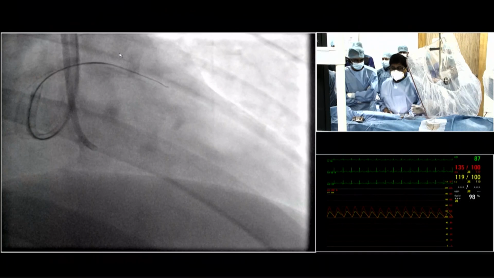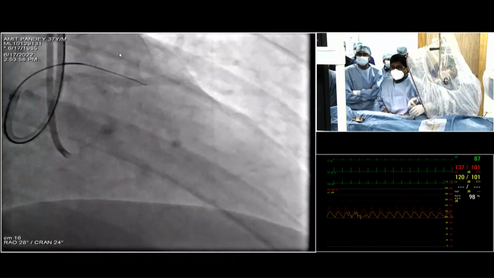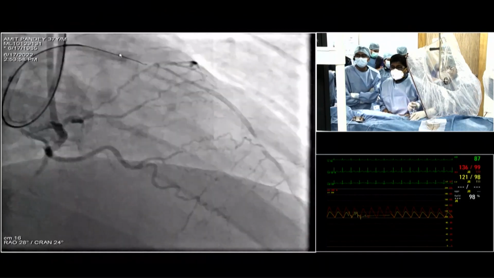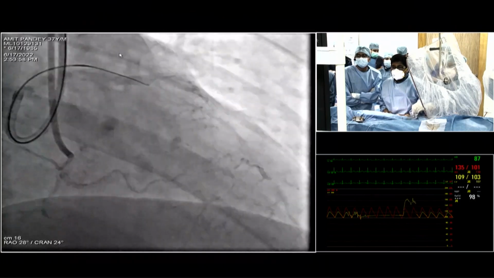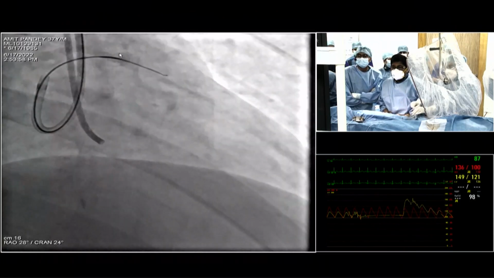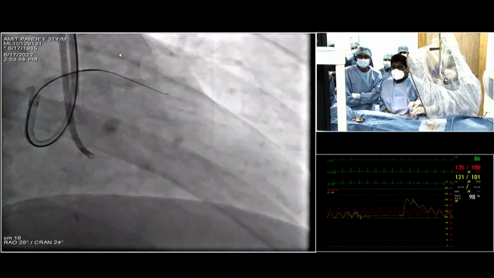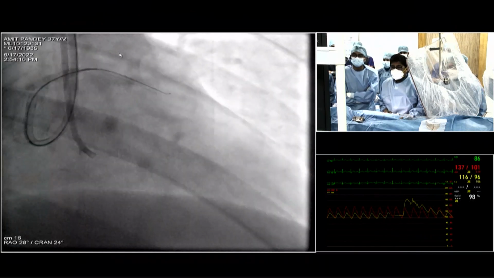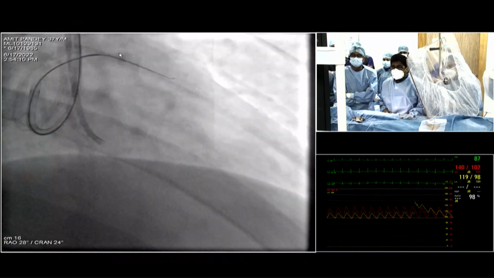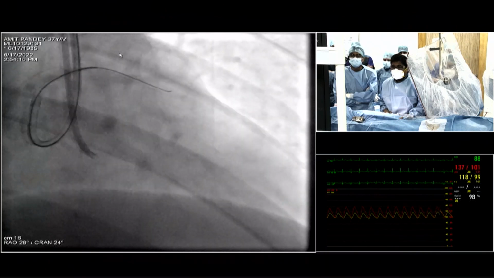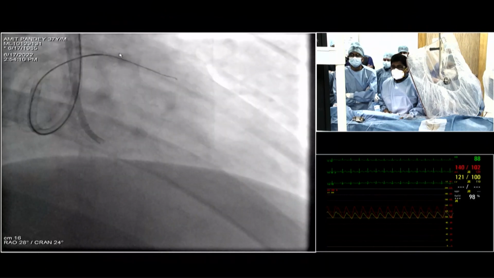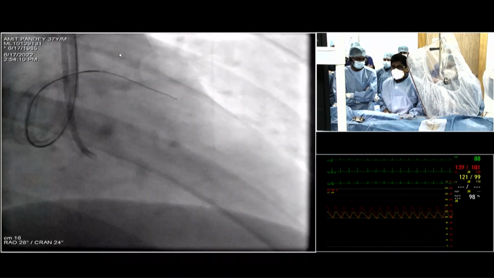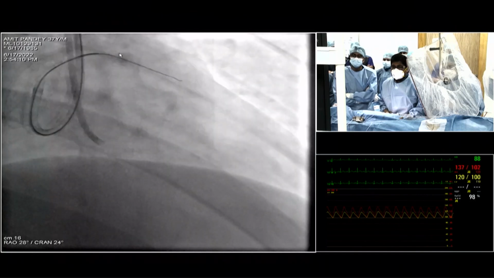I think we change it to Gaia something because it's redirecting the wire, with one-to-one torque is important here. Dr. Goel, Dr. Kamal Sharma, any thoughts on imaging this?